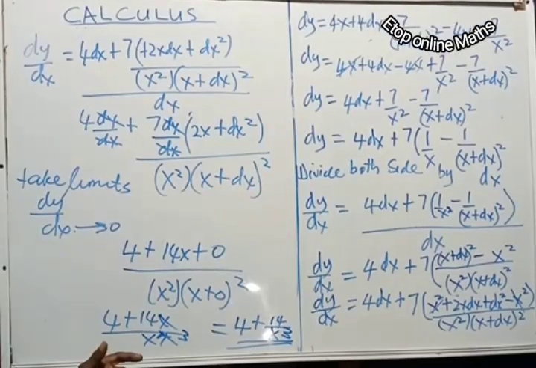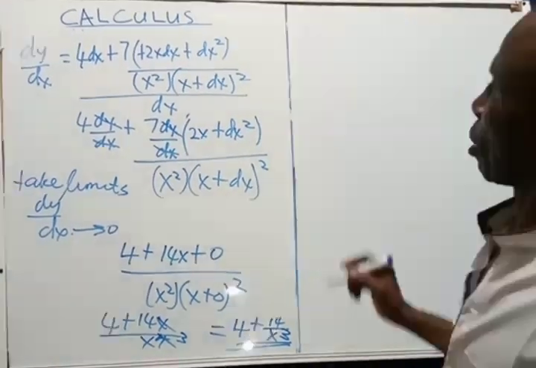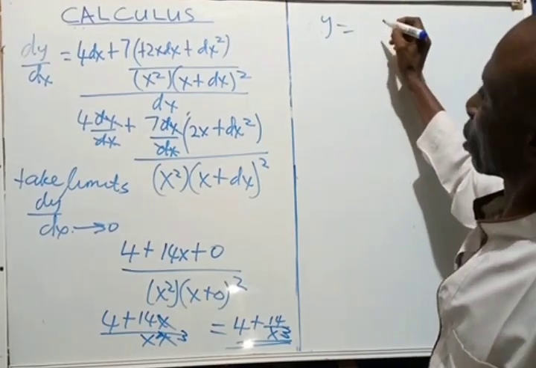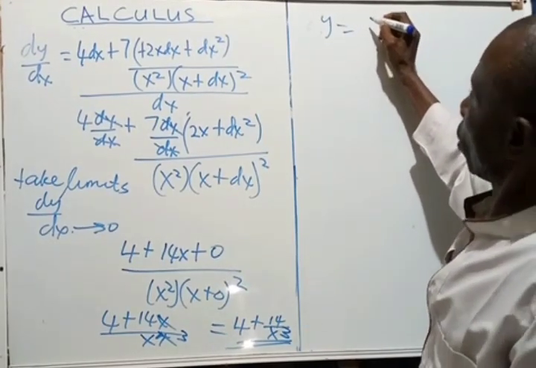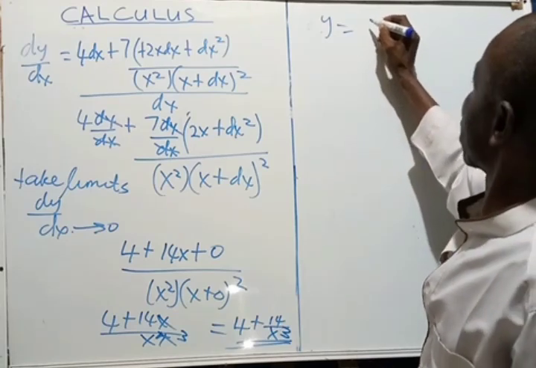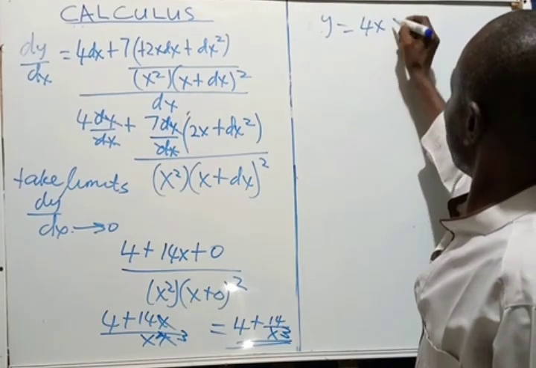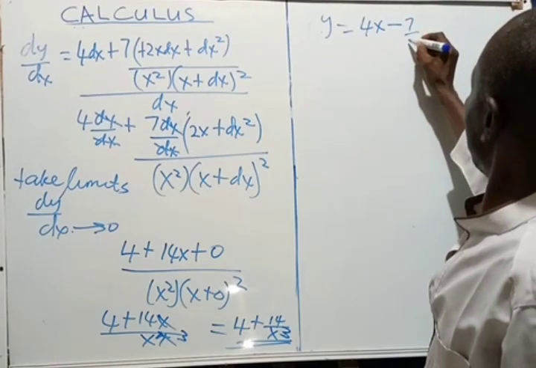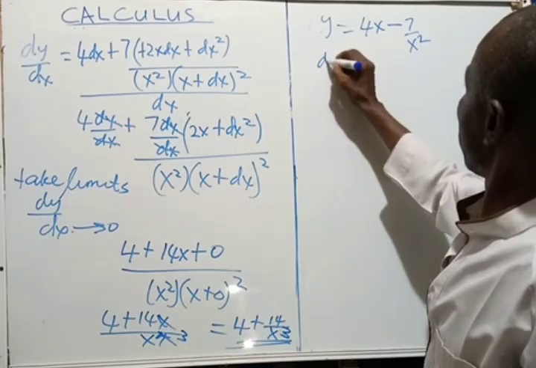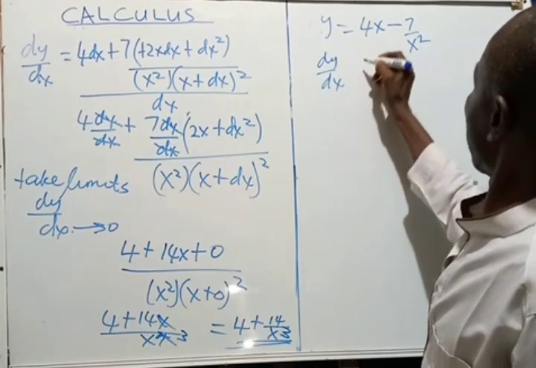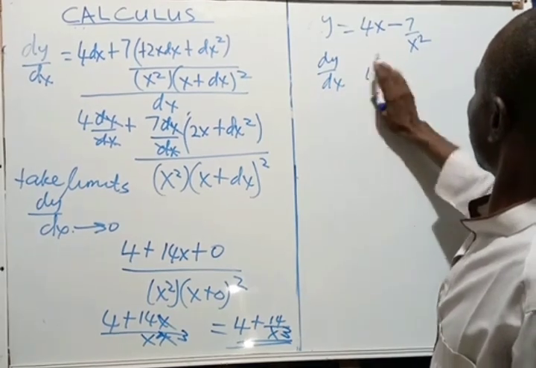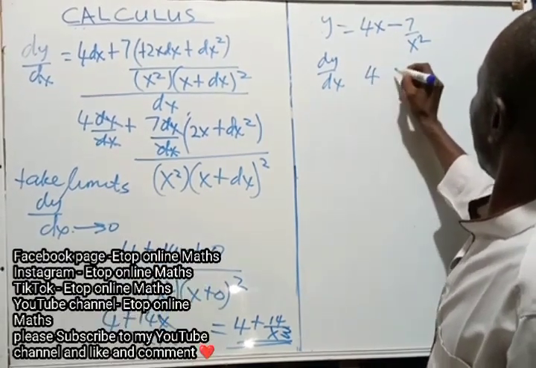Okay, it's been a long one. The question was restricted to that method, but it could have equally been done this way, but it had to be wrong because the examiner said solve it this other way. So we have the 7 over x raised to power 2. So y, now from here we pick them one by one. This now becomes 4. The differential of 4x is simply 4.